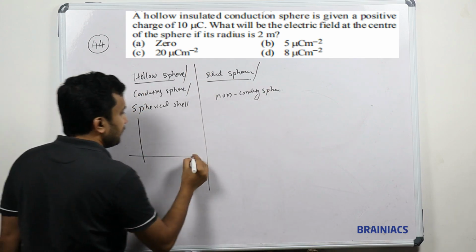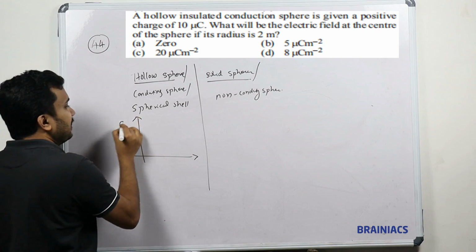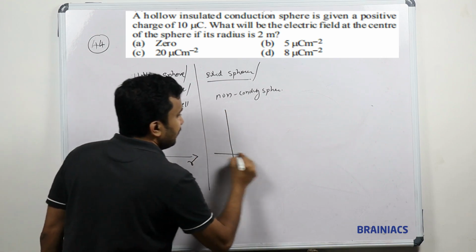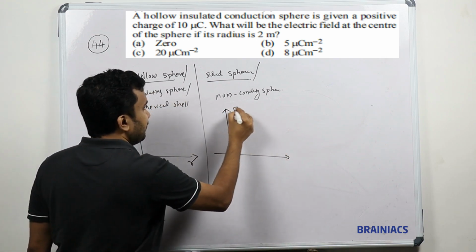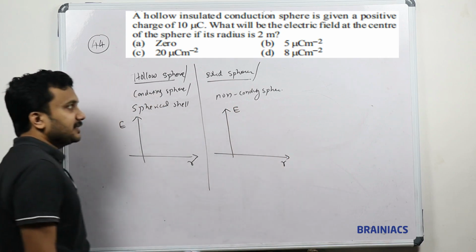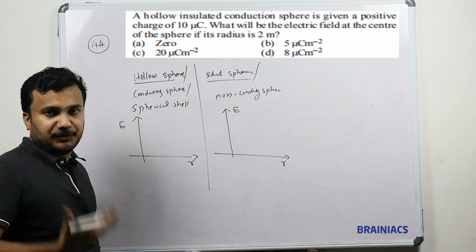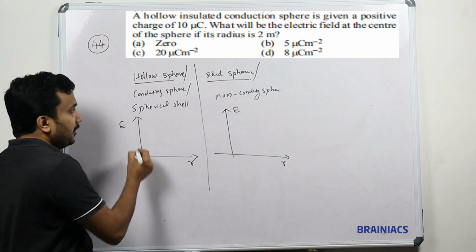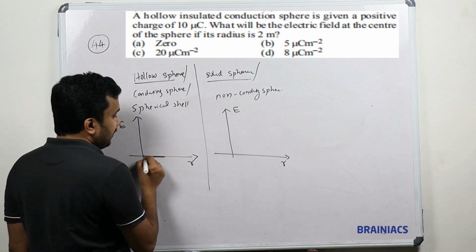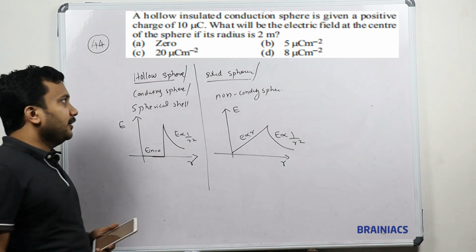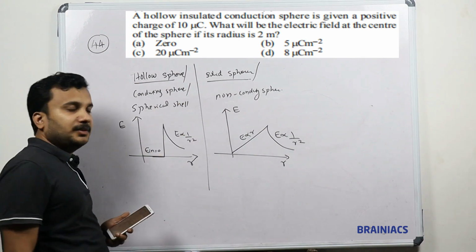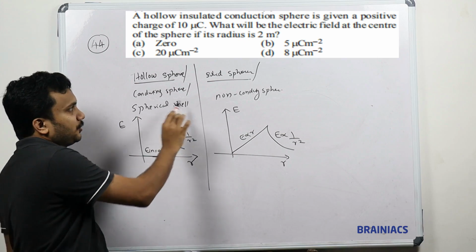In case of a spherical shell, if you are plotting the graph between electric field and distance, here also we are plotting the graph between electric field and distance. I already discussed this in the class, but I am repeating it once again as a refreshment for you. I plotted this graph for a hollow sphere, also called a conducting sphere or spherical shell.